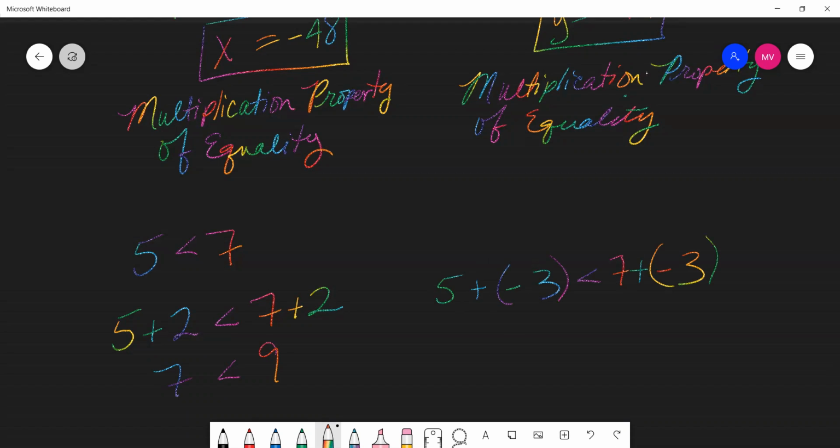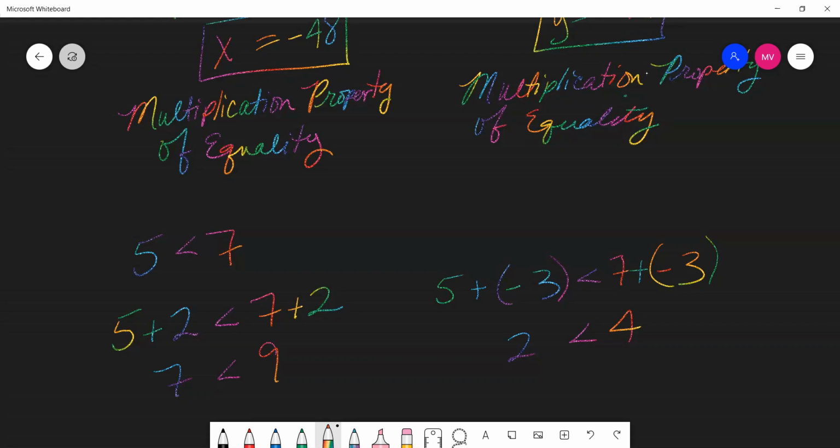Then I still have 2 is less than 4, which is still a true statement. So the equality part, that's the symmetric property of equality. As long as you do the same thing to both the left side and the right side of an inequality, your inequality will stay the same. Okay, with addition.